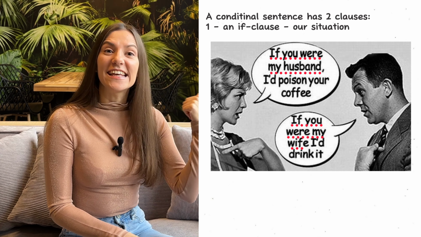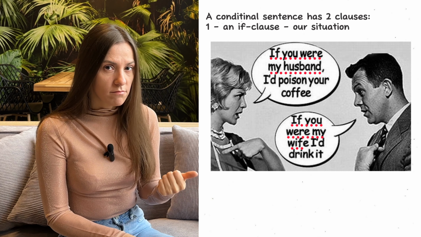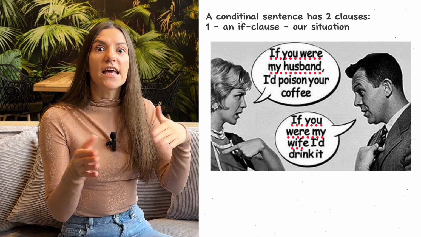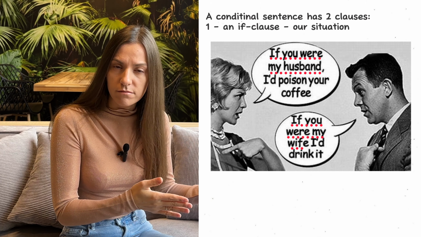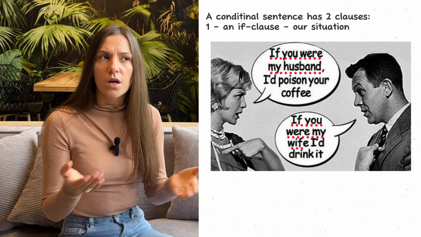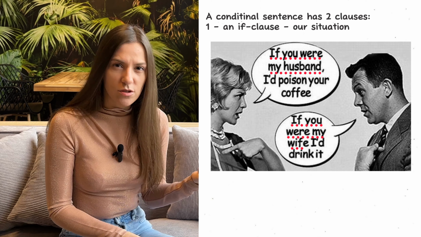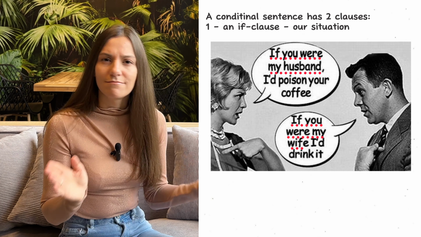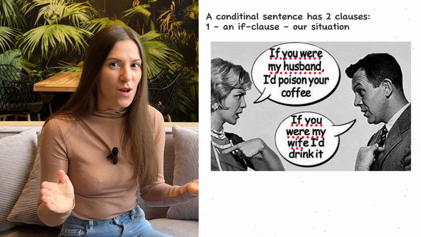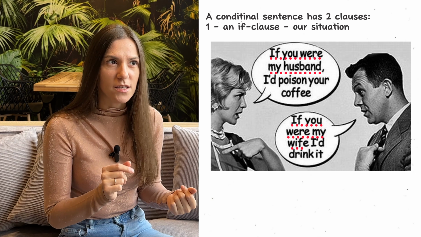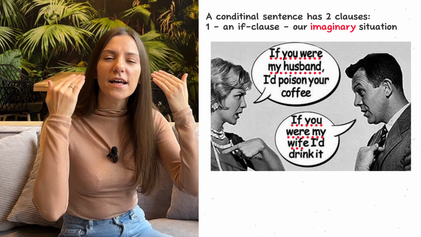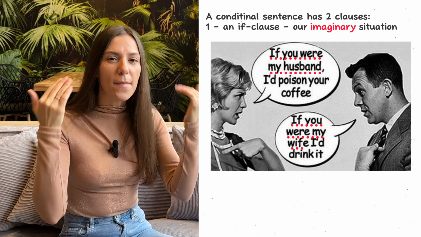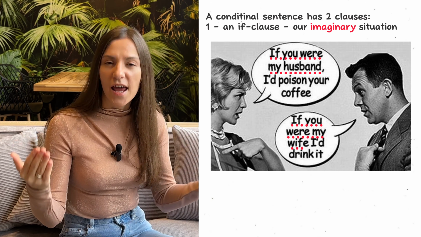So, is he her husband? No. Is she his wife? No. So is this situation real? No, they're not a husband and a wife. All right, so this is an imaginary situation. We imagine it in our heads.